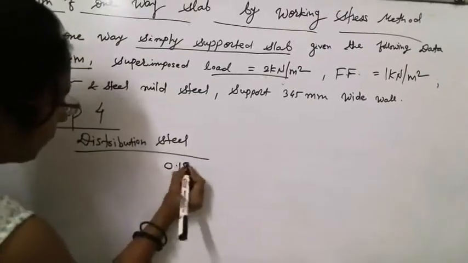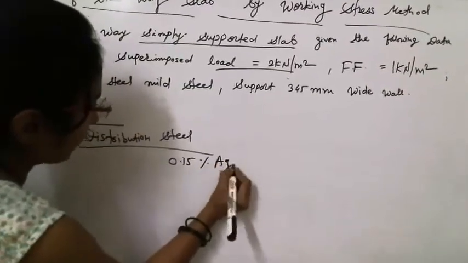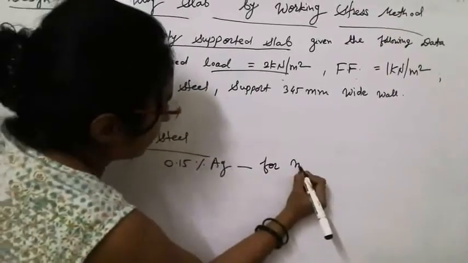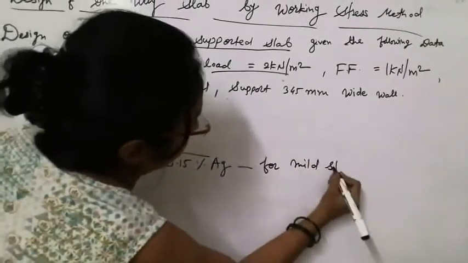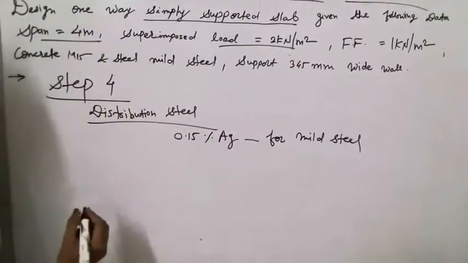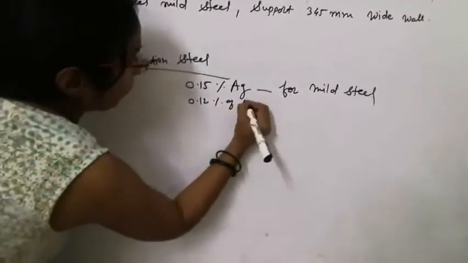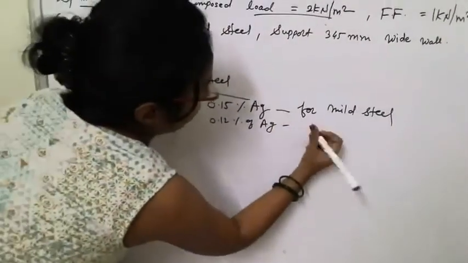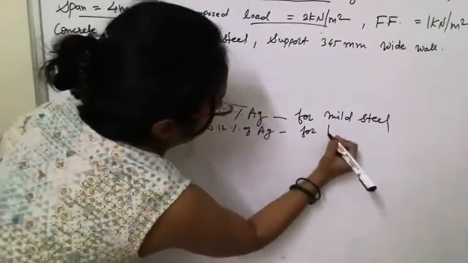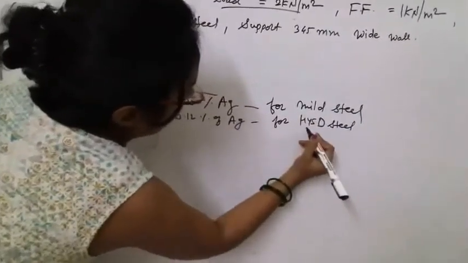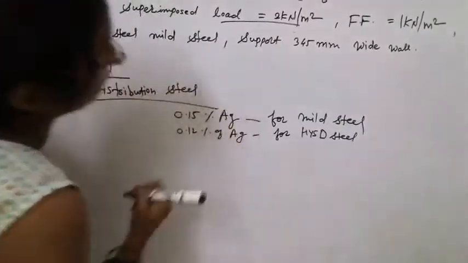It's 0.15% of Ag for mild steel and 0.12% of gross area for HYSD. HYSD is high yield strength deformed bars.